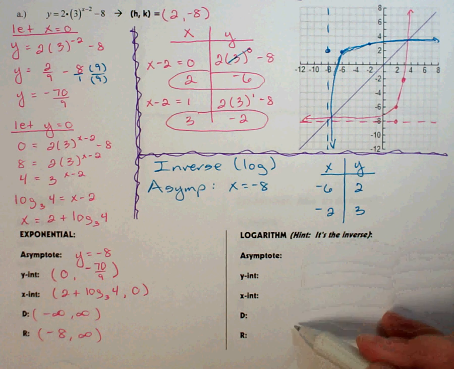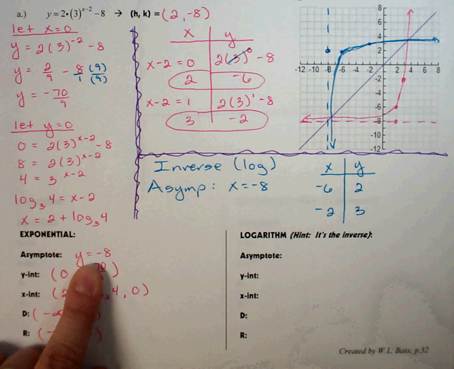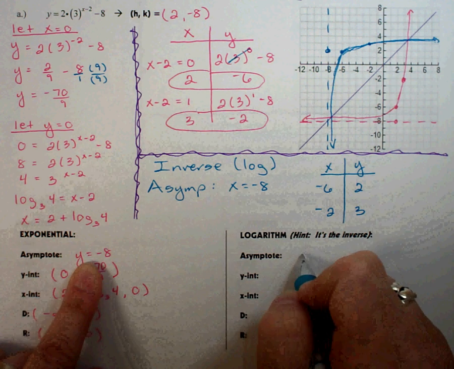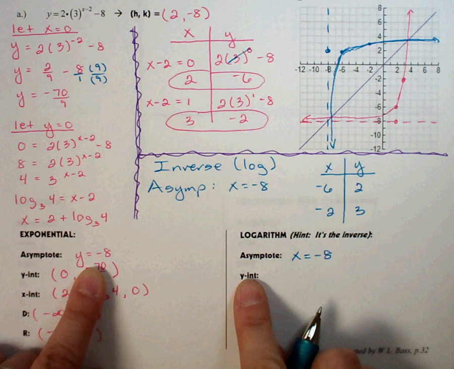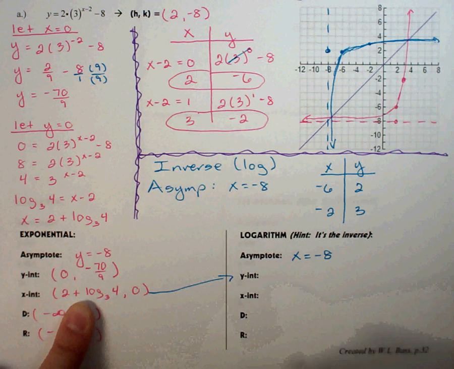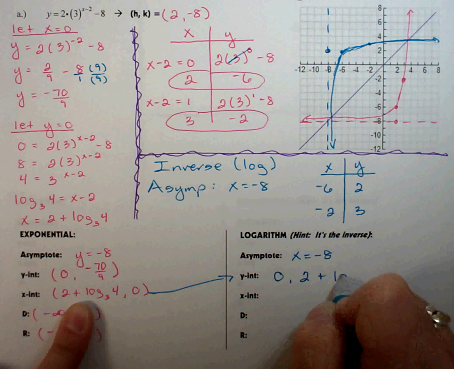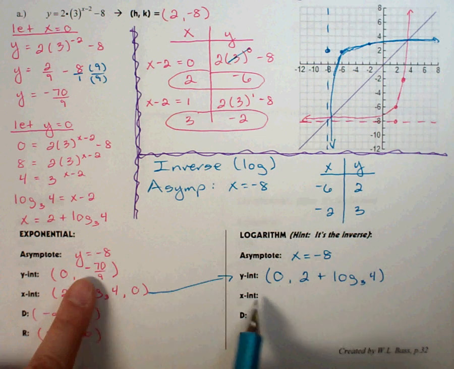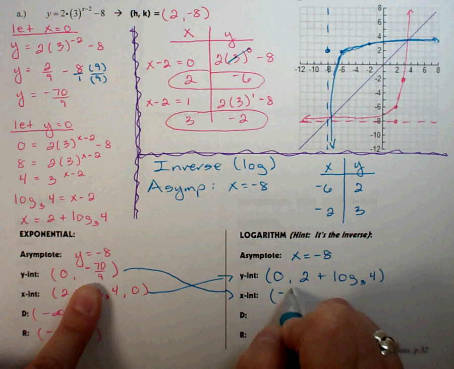For the logarithm, I don't have to do any math to find all of these things. The asymptote, as we already saw, is just going to be x equals negative 8 instead. I can find the y-intercept by taking my original x-intercept and reversing it. I can find my x-intercept by taking my original y and again reversing it.